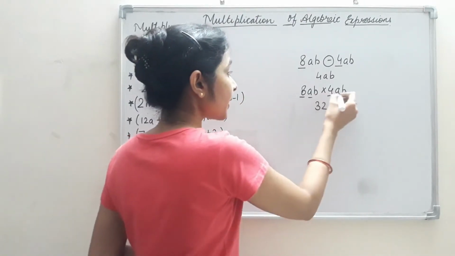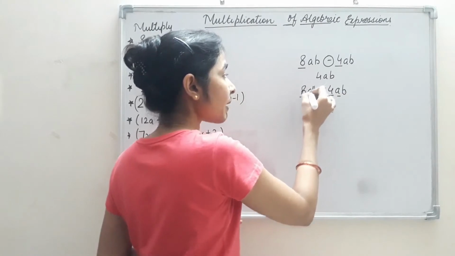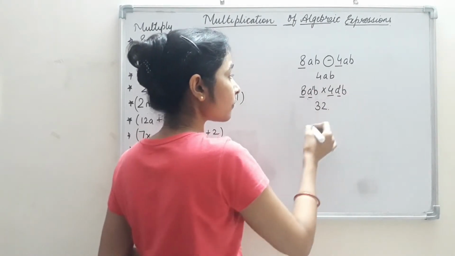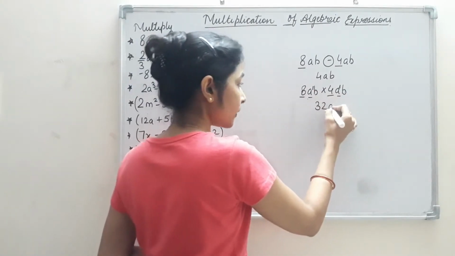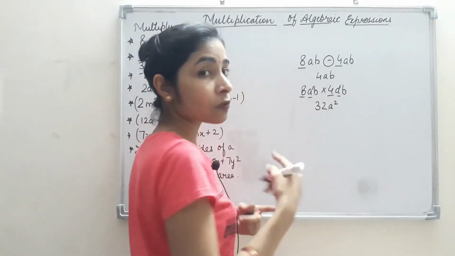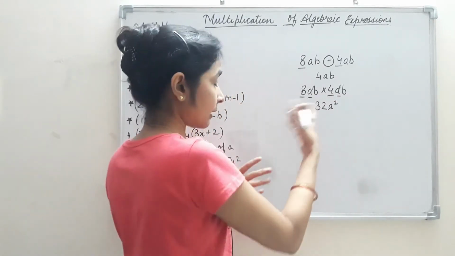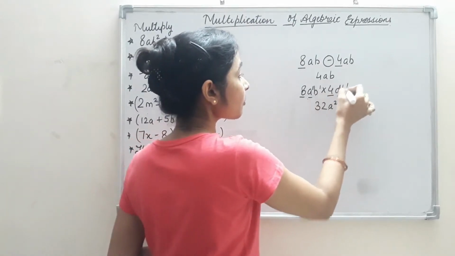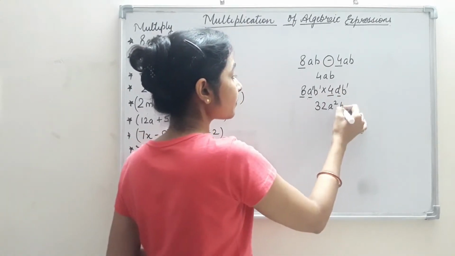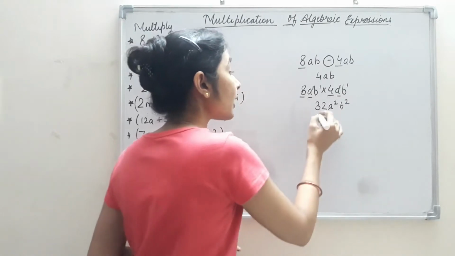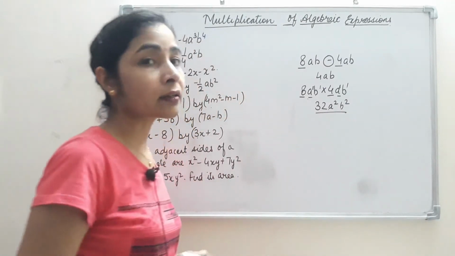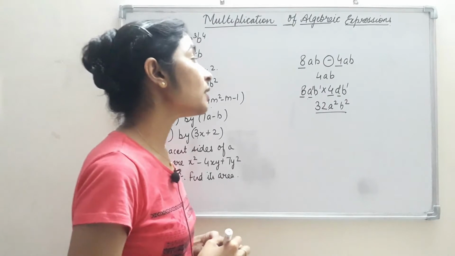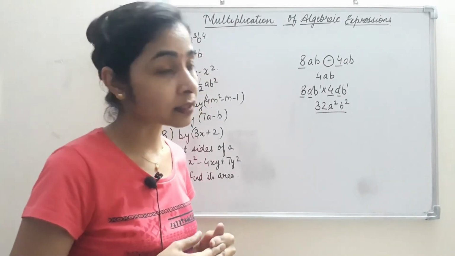The a multiplies with a, the power of a is 1 here and also 1 here, so it becomes 2. We'll revise the laws of exponents after completing this example. And b, again the power of b in both places is 1, so 1 plus 1 becomes 2. So the answer becomes 32a square b square. So along with the coefficients we also multiply the variables.